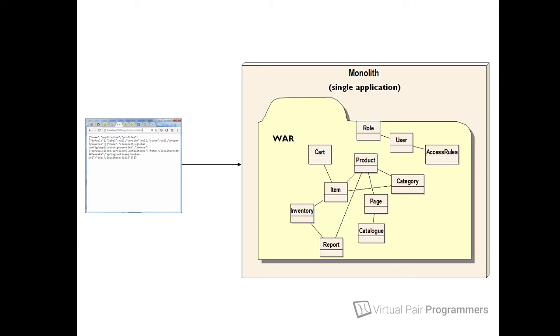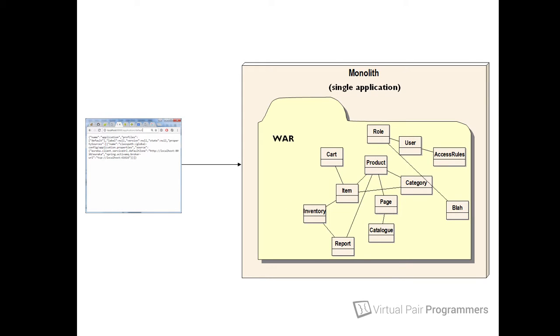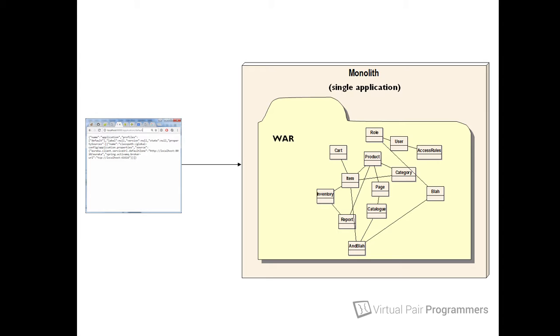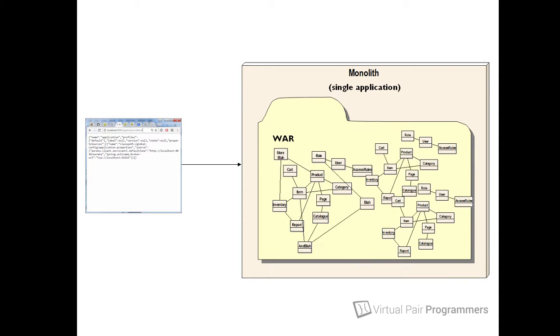We might have a reporting facility, and that would go on and on and on. I'm sure that you've worked on one or many of these systems in the past, and of course, the natural thing is that over time, they get bigger and bigger and bigger, encompassing more and more different business requirements.